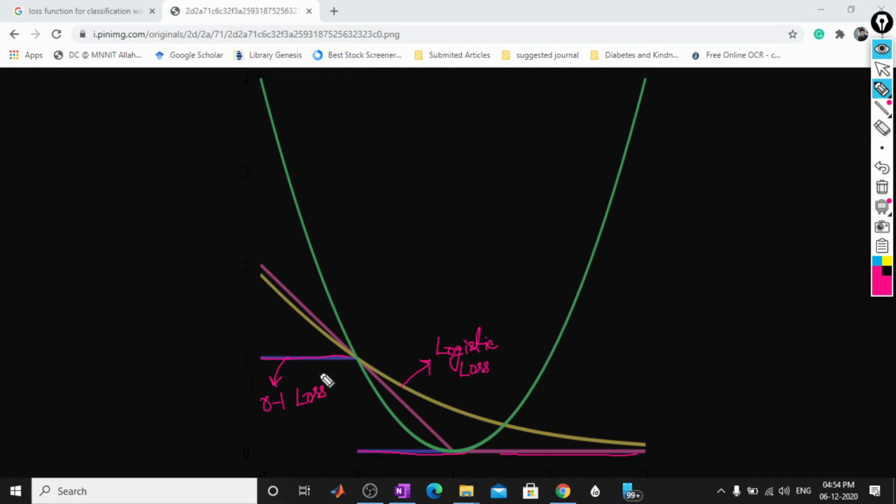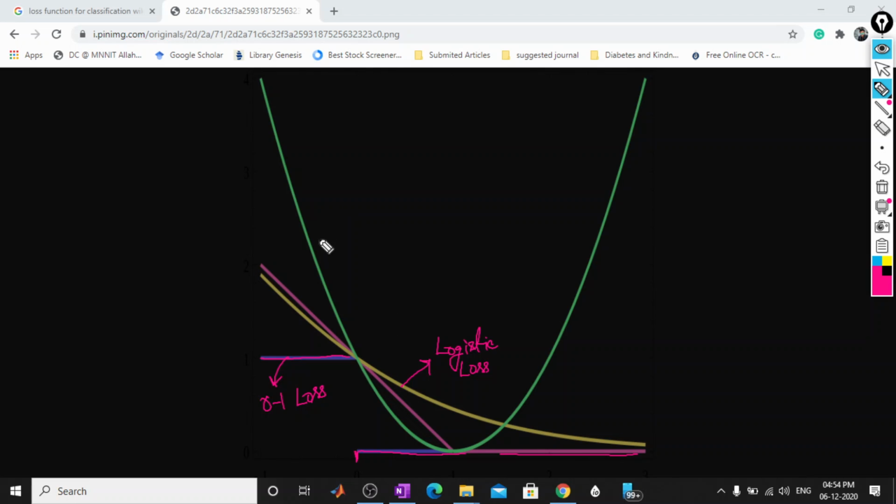In the logistic loss function, the loss originally happens in the 0-1 loss, but at the 0 point this function is not differentiable. So this 0-1 function is modified into this logistic loss, and using this loss we interpret our classification.